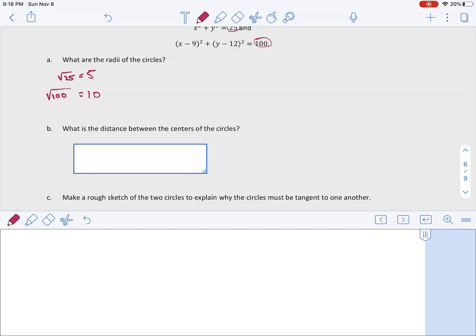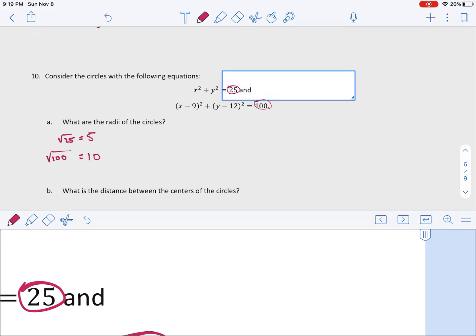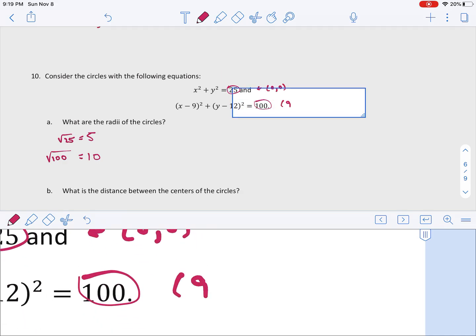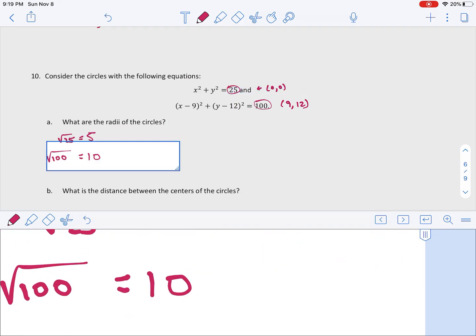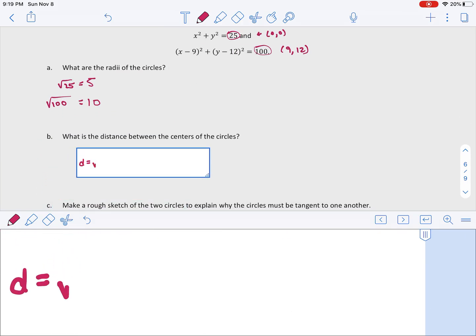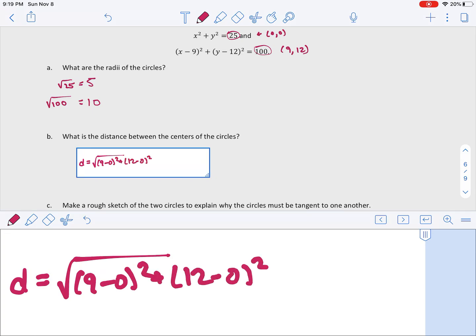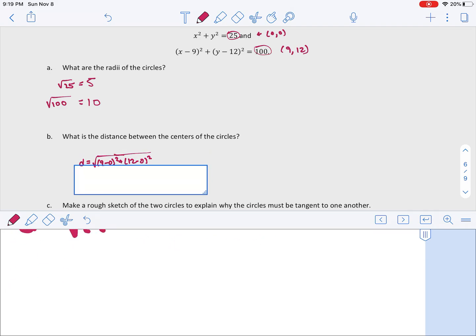Distance between centers, again, this is just a distance formula question. So the center of our first circle is 0, 0. The center of our second circle is 9, 12. So plugging that into our distance formula, we have 9 minus 0 squared plus 12 minus 0 squared, and then the square root.